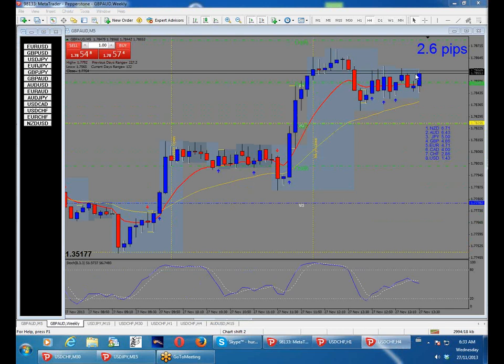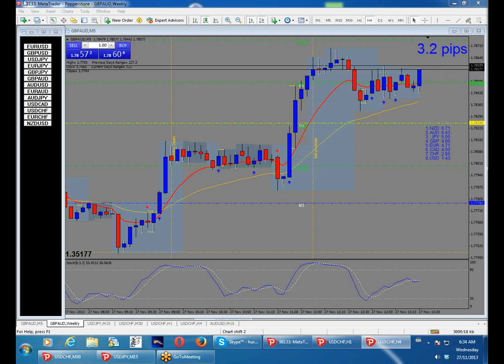So we have an outside bar here. 2 minutes to go, and this could be a potential trade, and that's on the pound Aussie.